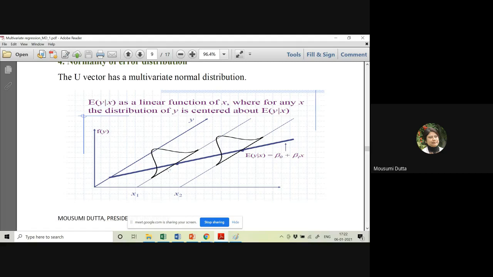Here we are considering only one explanatory variable. So the expected value of y given x, that is the fitted line, is nothing but beta naught plus beta 1x, the exact relation. And scatters are distributed around this fit, and those distributions are all normal.